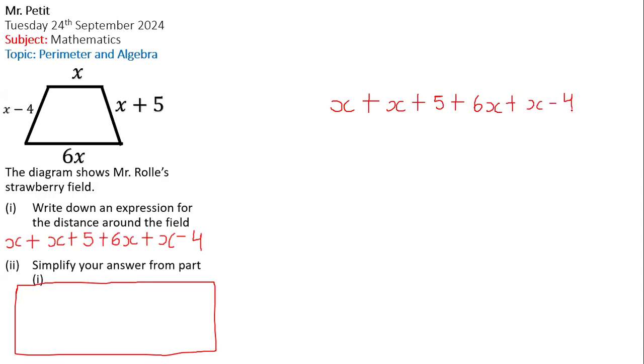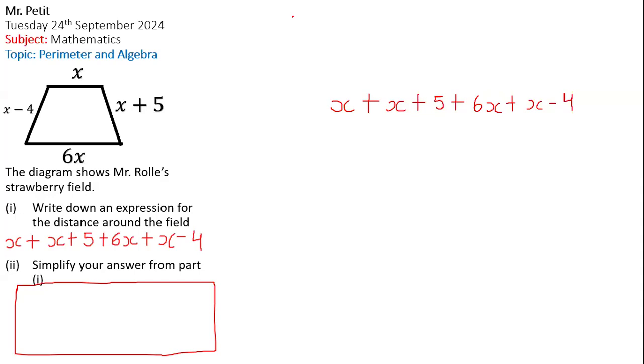Let me see what y'all have so far. I see Aiden has 2x plus 11 plus 3. Someone has 9x plus 1, 9x minus 1, 9x minus 4, 9x plus 1, 10x, 9x plus 4, a bunch of different answers. So let's see what the correct answer is.